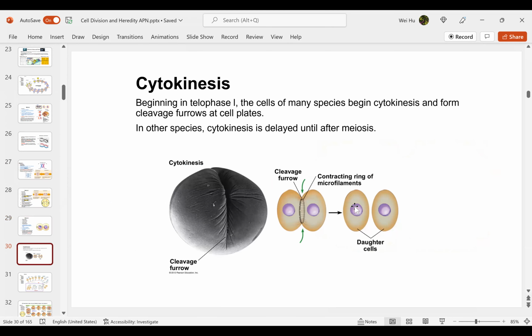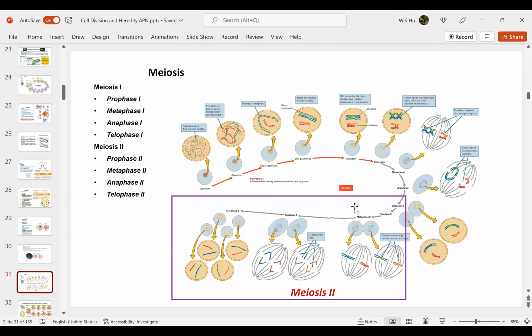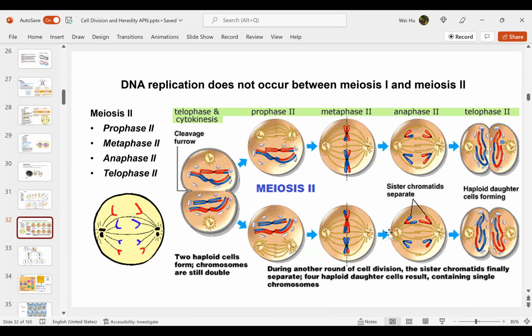Okay, so you can separate your cells or you can leave it until later. So let's go ahead to meiosis 2. So in meiosis 2, you actually go straight from meiosis 1, no replication and so on.